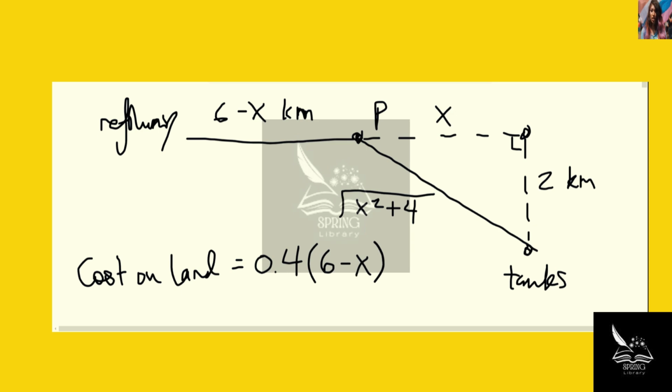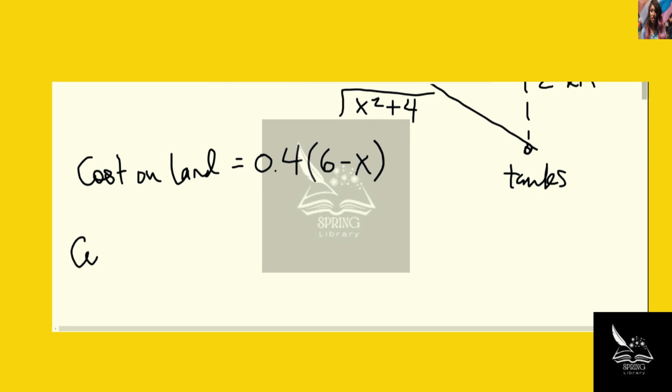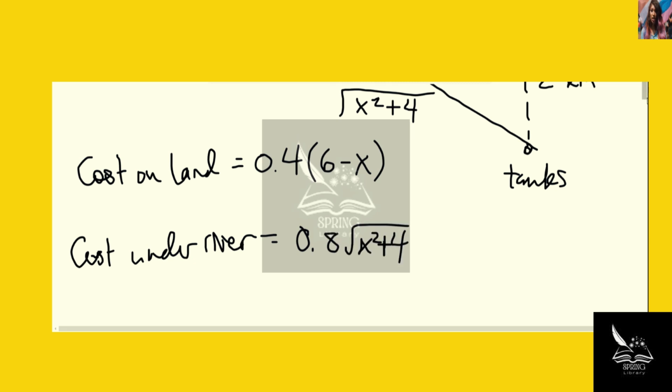And the cost of laying pipes under the river in millions of dollars is going to be 0.8 times the square root of x squared plus 4.